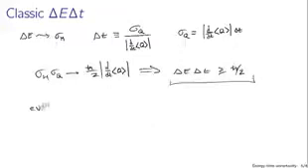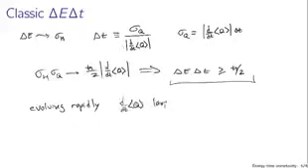If the system is evolving rapidly, meaning with respect to the variable that I'm concerned about, the time derivative of the expectation value is large, then what that means is that delta t will be small, right?